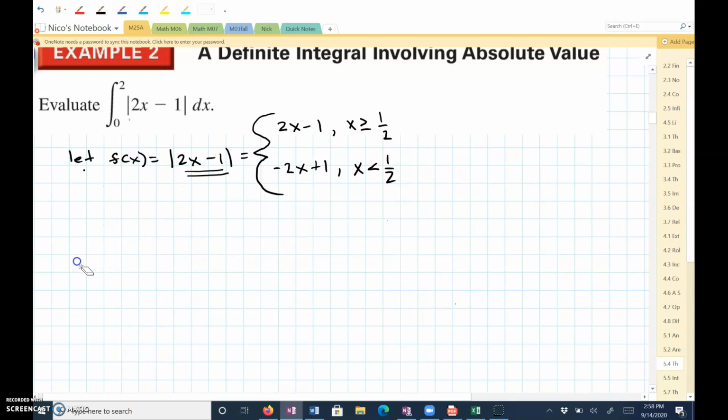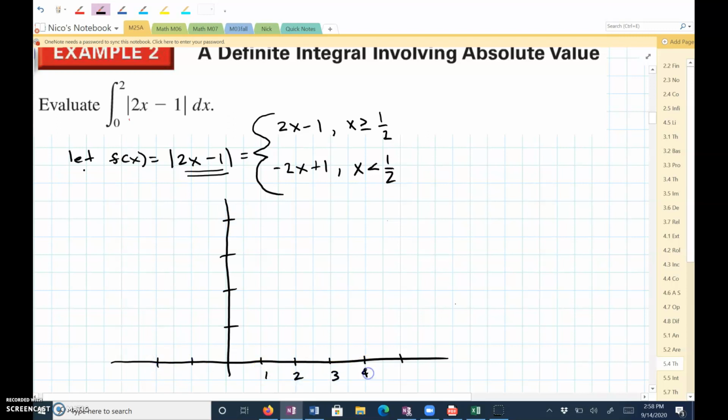But now let's graph this. So if I graph this guy, okay, the vertex is going to be at 1/2.